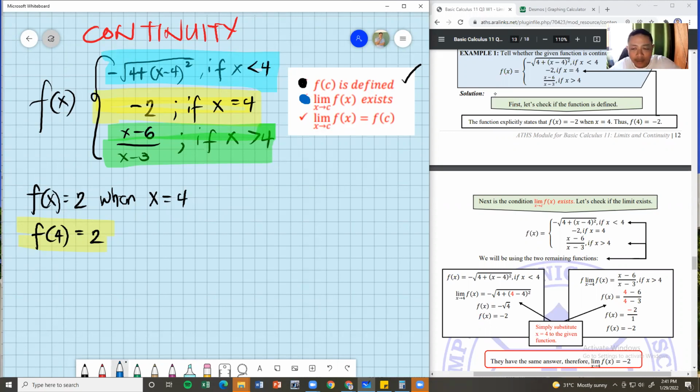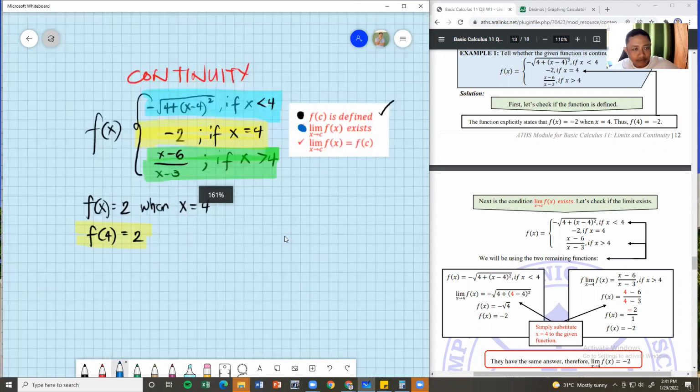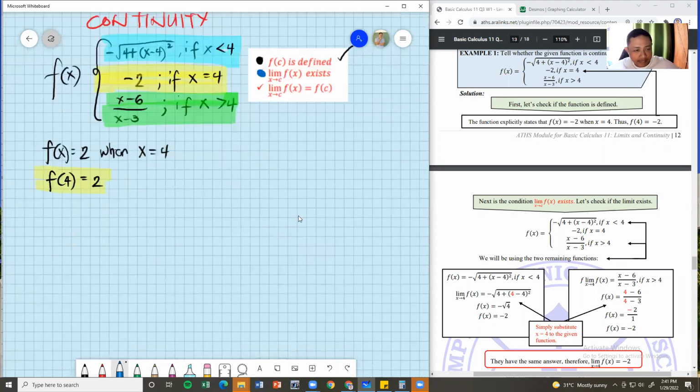So for us to do this, we will have to apply the limits. Okay? Gawa natin sila ng limits. So in here, for the first one, for the blue function, we will have f of x is equal to negative square root of 4 plus x minus 4 squared if x is less than 4. Okay? Gawin natin ang limits to.